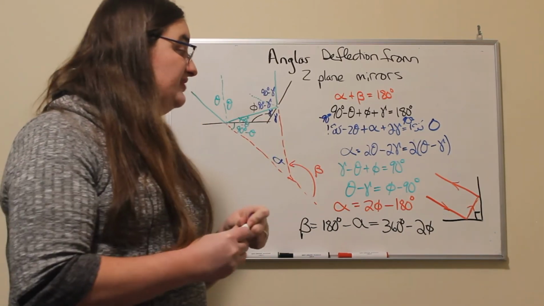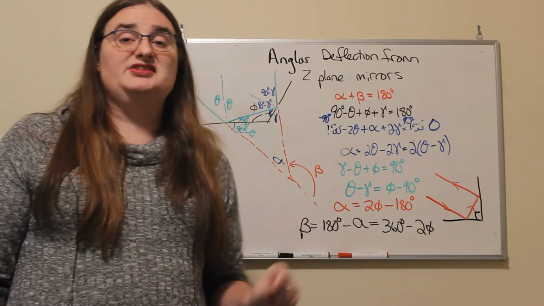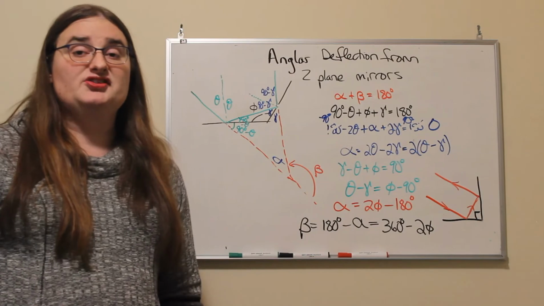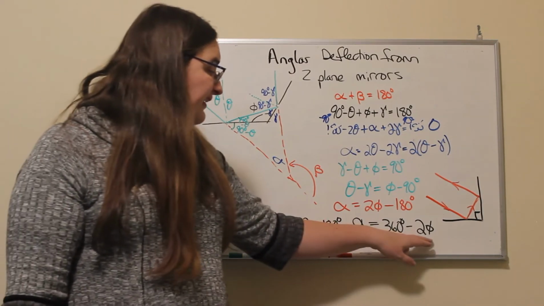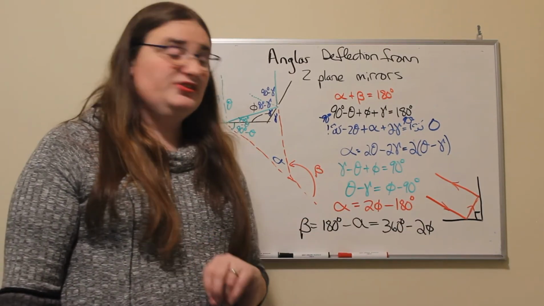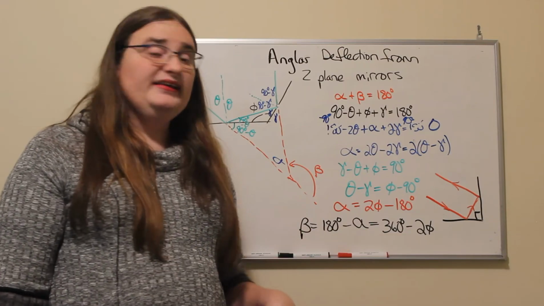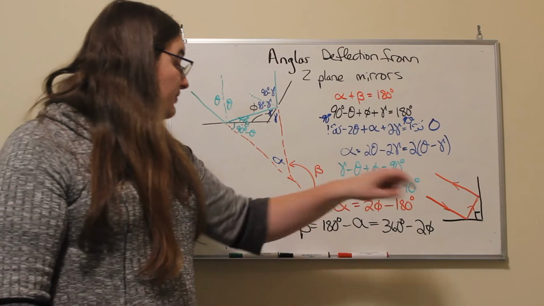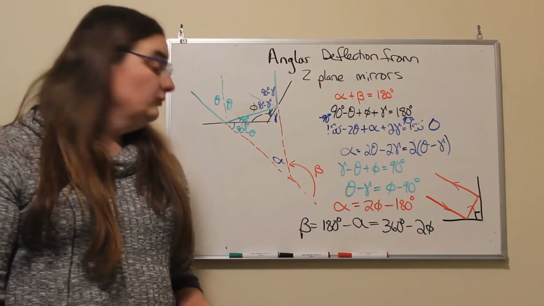Now here's something that's a really neat consequence. Say phi happens to be exactly 90 degrees. Well, if phi is 90 degrees, 2 times 90 is 180, 360 minus 180 is going to be 180.